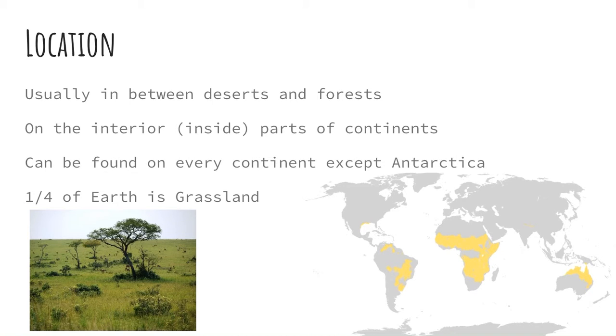So here we have a picture of a grassland, and if you look at the map, all of those yellow areas are places that we find grasslands. There should also be a few grasslands in North America, like right around in here, and there should also be a few in Asia around here. The map hasn't completely loaded for some reason, so I thought I would tell you where there should be a few more yellow.